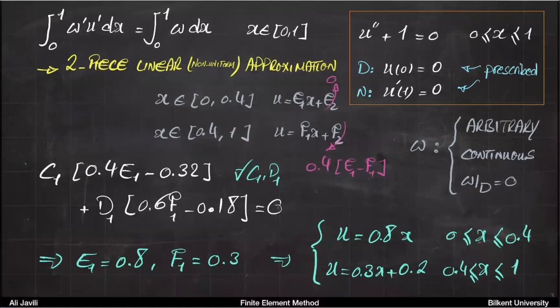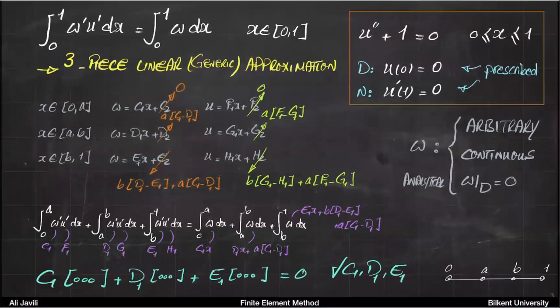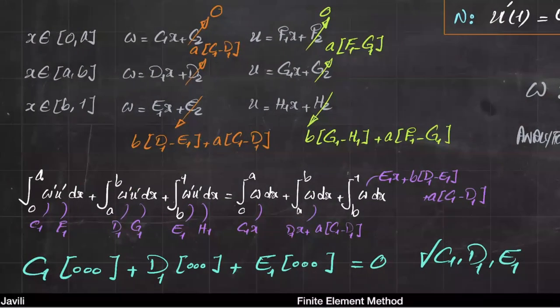In that portion, the coefficient in front of C1 was related to E1, and the coefficient in front of V1 was related to F1. It's a similar story here. So the coefficient in front of the first one, C1, is going to have some relation with F1.